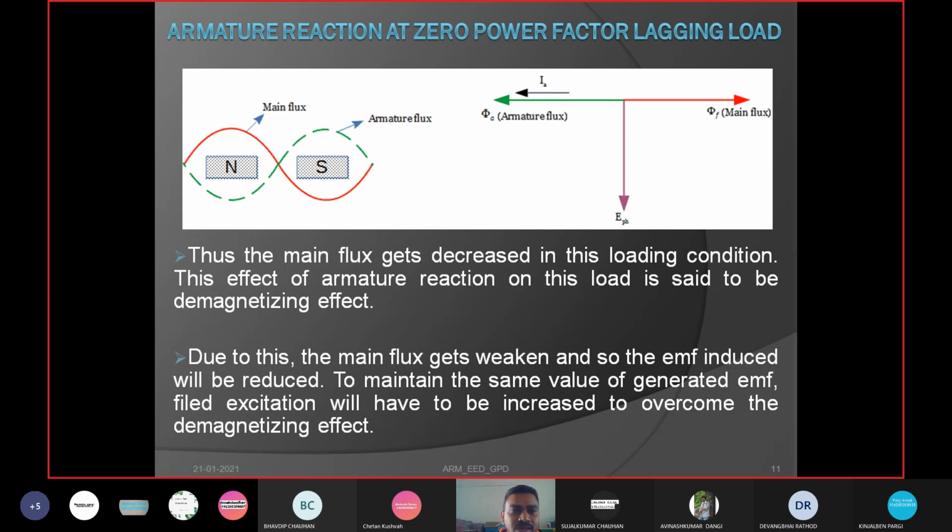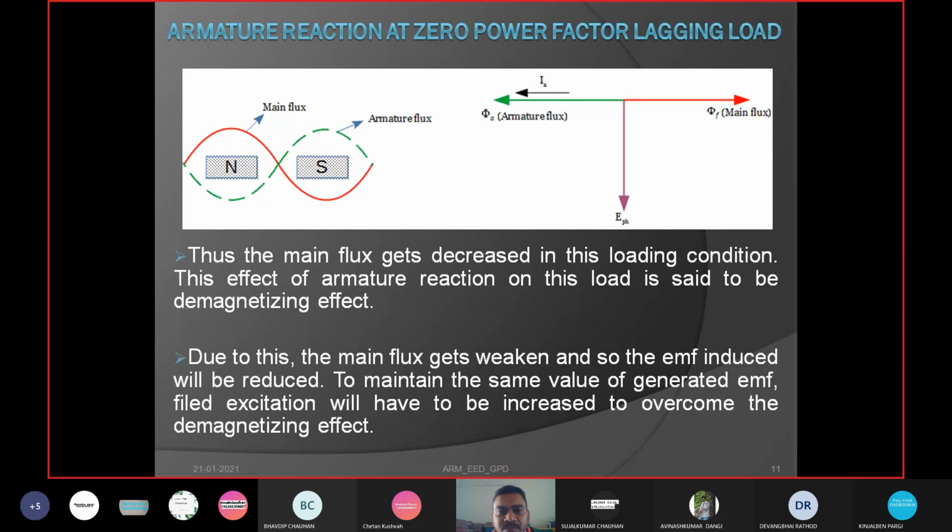When the armature flux is in direct opposition, the main field flux gets decreased due to the direct opposition of the armature reaction. So this effect of armature reaction is said to be the demagnetizing effect.